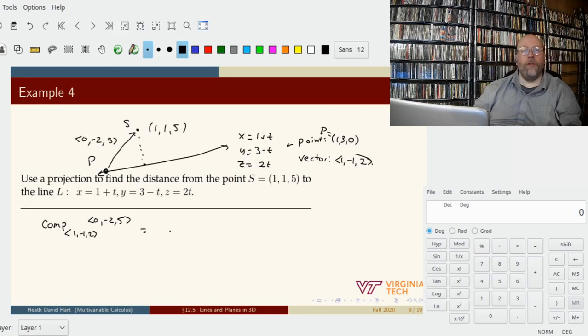And remember that this formula is the dot product of both vectors divided by the magnitude of the little vector, the one that is being projected onto.